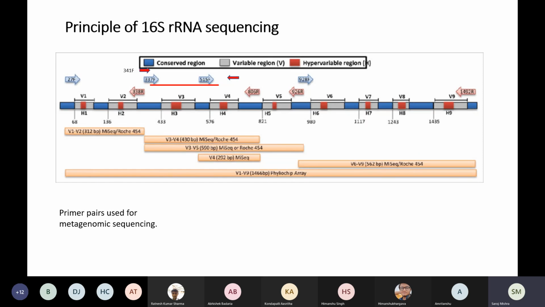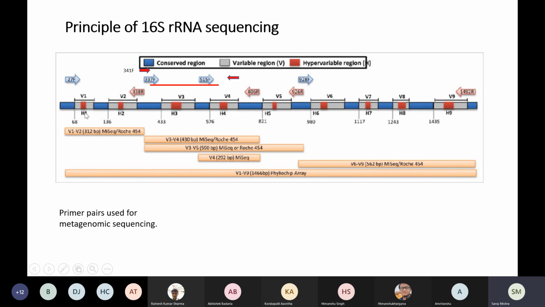So this you have already understood, and my idea of showing this again is that whenever you isolate your DNA from a sample, there are companies which provide primers. For example, a primer like 27F and 338R. This is the forward primer, this is the reverse primer, and they are designed to amplify the V1 and V2 region.